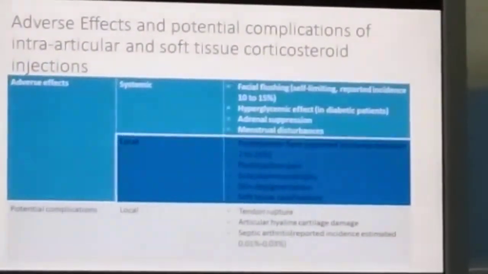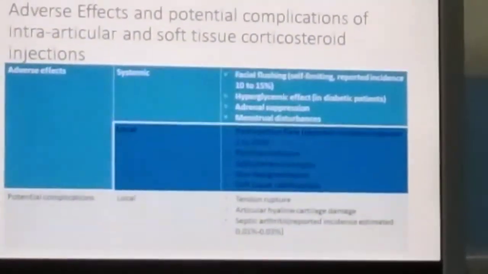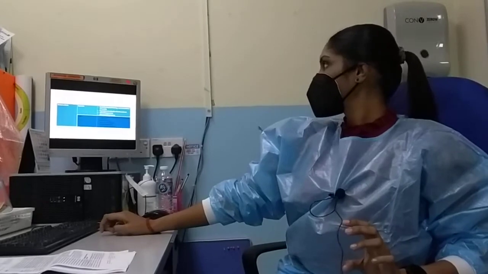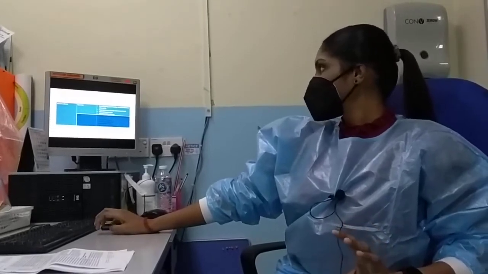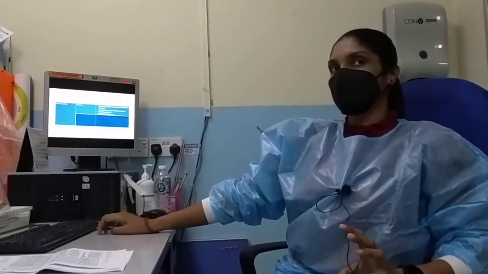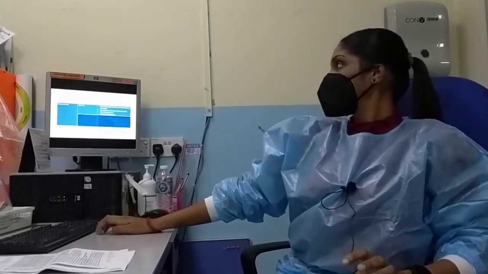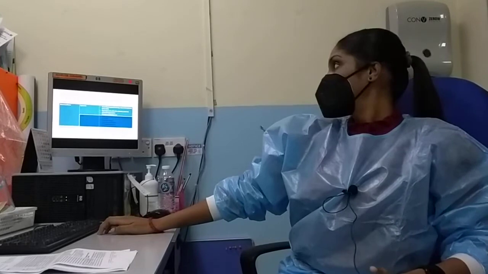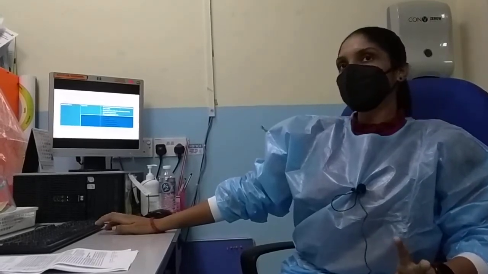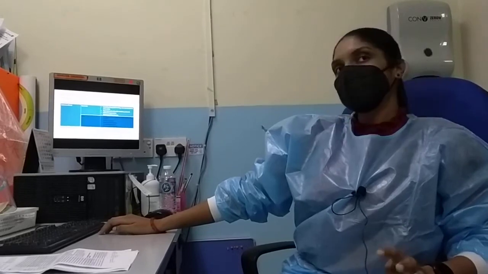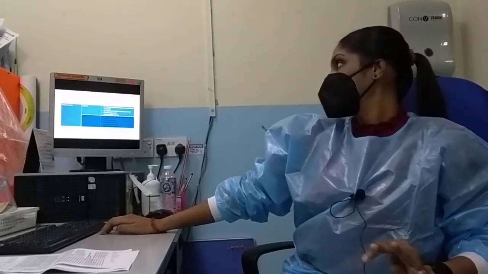Next, I'll talk about adverse effects and potential complications of intra-articular and soft tissue corticosteroid injections. We have adverse effects that are systemic and local. The systemic ones: facial flushing, which lasts about 2 to 3 days and is self-limiting, with a reported incidence of 10 to 15%.